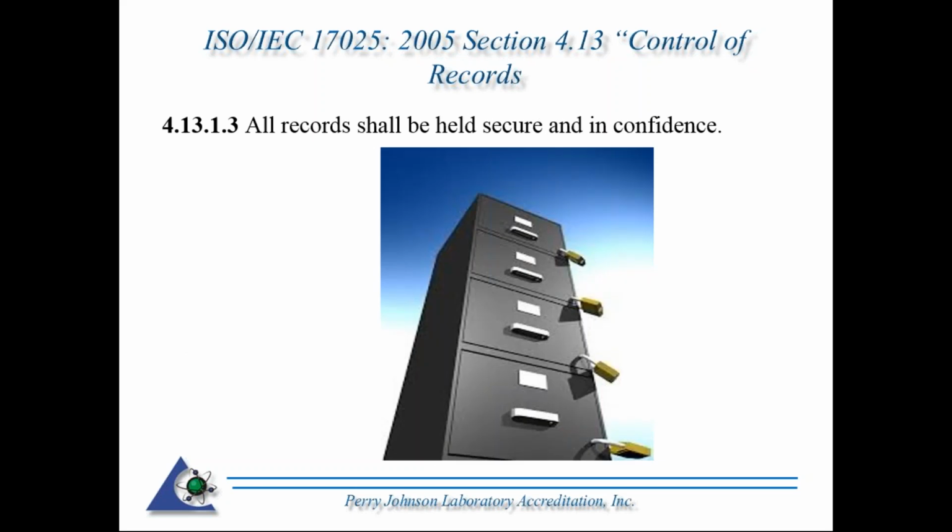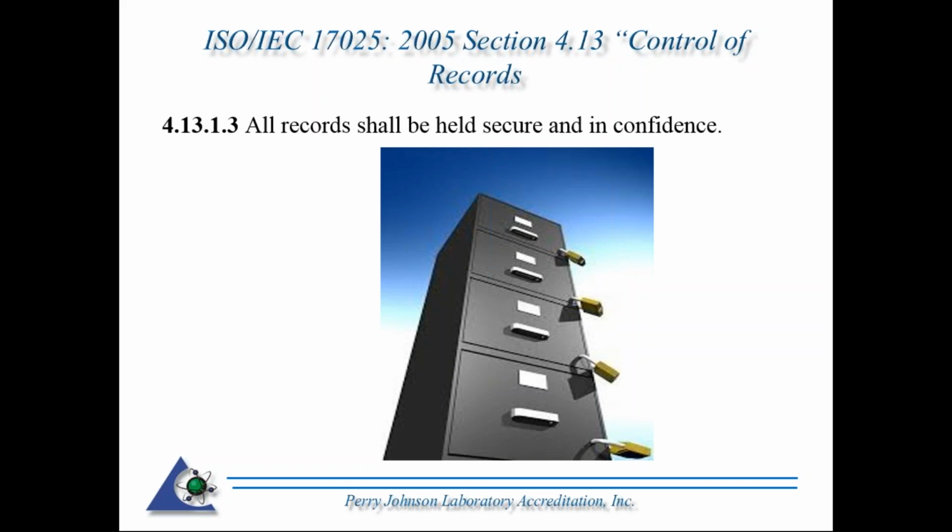All records shall be held secure and in confidence. 413.1.3. So your records should not be stored in a place outside of the realm of your quality management system, and preferably within control of the laboratory. Again, these are things that you would actually see within your laboratory.